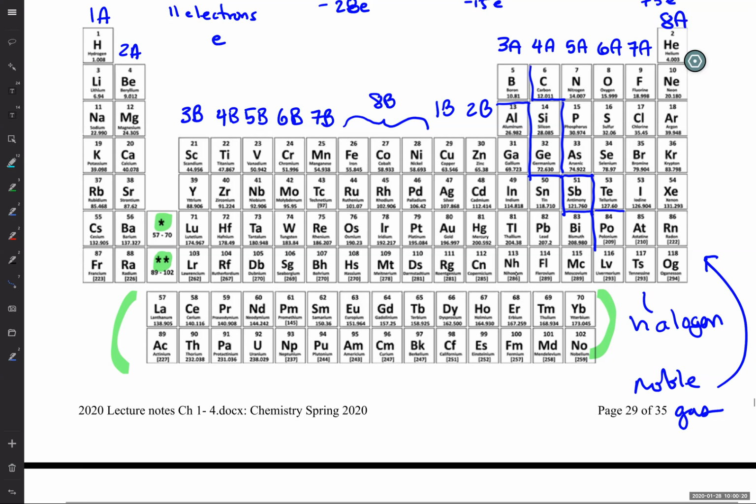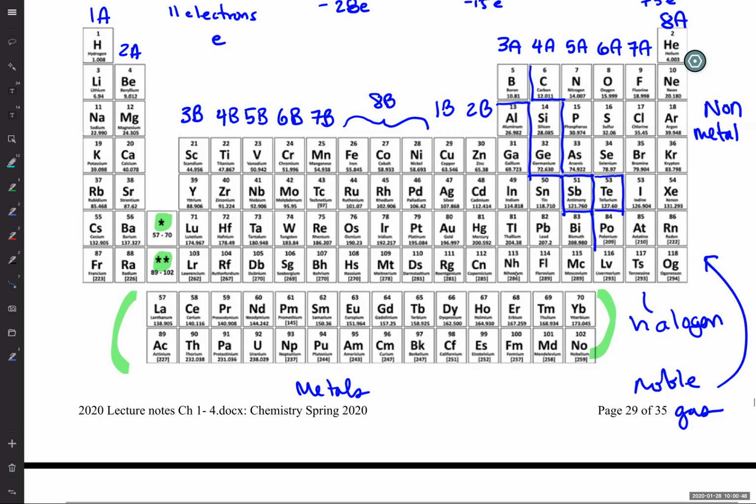Let's see, antimony, bismuth is a metal, polonium. I think this is also one of those, yeah, like that. So non-metals are here. Non-metals are on this side. The metals are on this side. So if you're looking at that, which are there more of? Yeah, way more metals. It's a lot of metals. Most of the periodic table is metals.